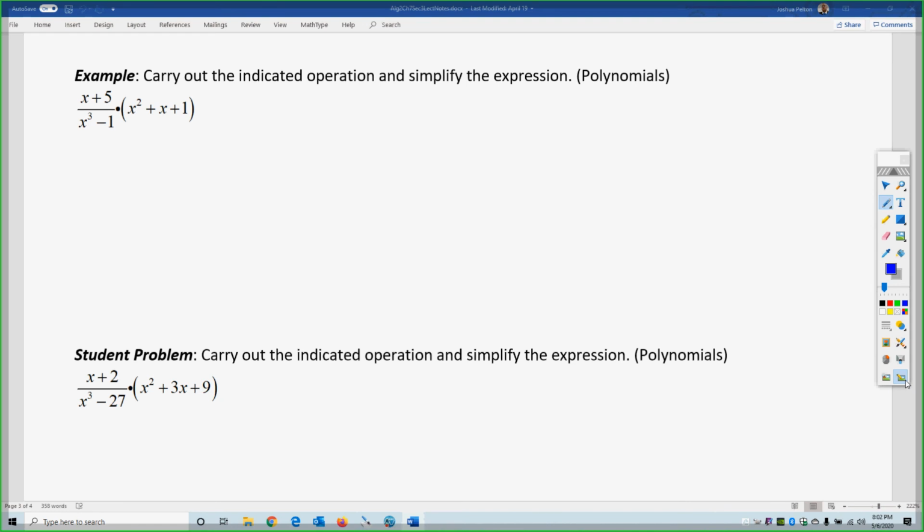All right. So let's say we have a multiplication here. This is really over 1. So what you really have here is x plus 5 times x squared plus x plus 1.